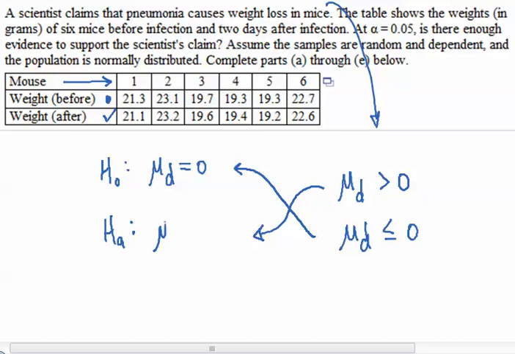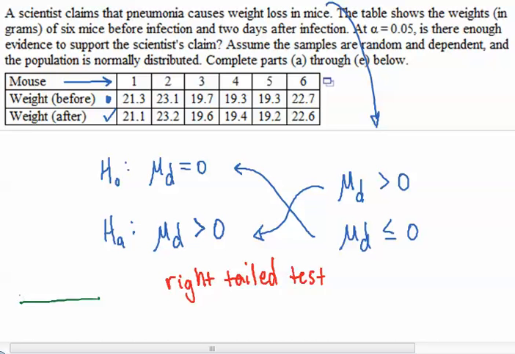Okay, so this one's the alternative, where it has the differing statement. So remember, that would also tell us that we have a single tail. It's going to be a right tail test. And in our mind, we're visualizing a curve.